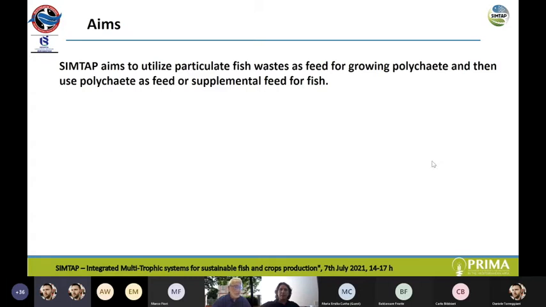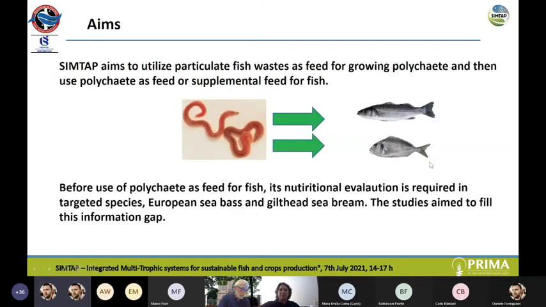Other aims from the studies that we conducted here. Briefly, I can say that SIMTAP aims to utilize particulate fish waste as feed for growing polychaetes, at least in our system, then use of polychaete as feed or supplemental feed for fish in the system. So before use of polychaete as feed for fish, its nutritional evaluation is required in the target species, which are European sea bass and gilthead sea bream in our case.